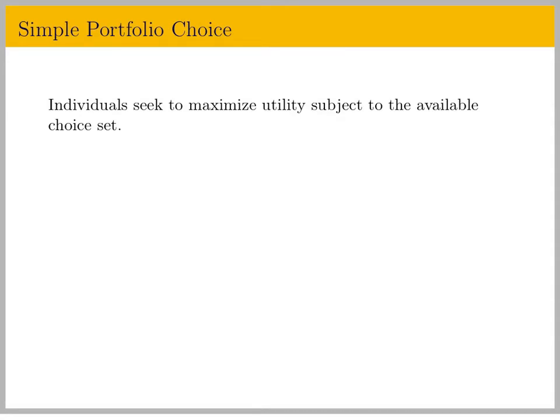Now, as I mentioned before, what individuals are really doing is seeking to maximize their utility subject to the available choice set. In this case, we have a specification for a utility function. Agents are trying to maximize utility over the two choice variables, which are the mean return and the volatility.